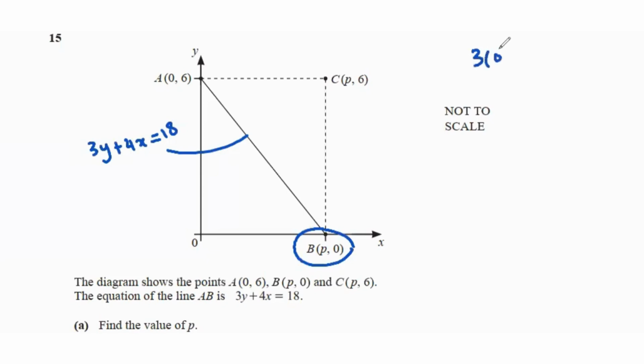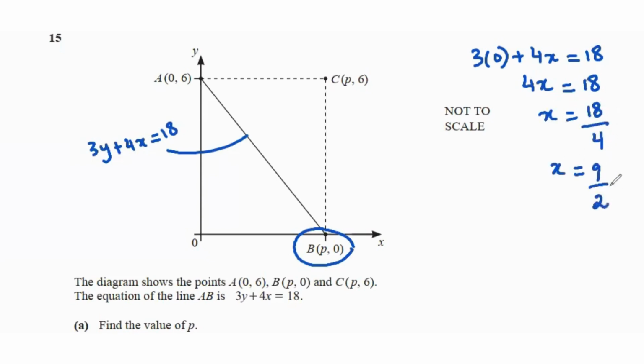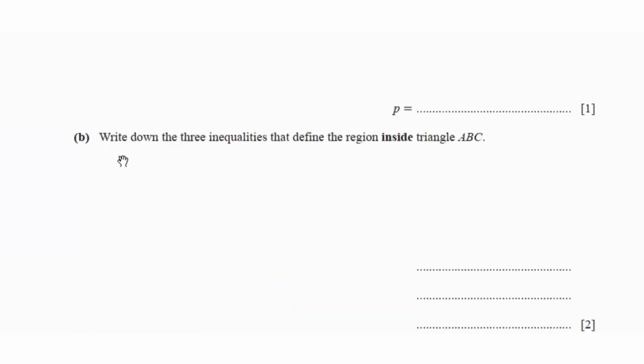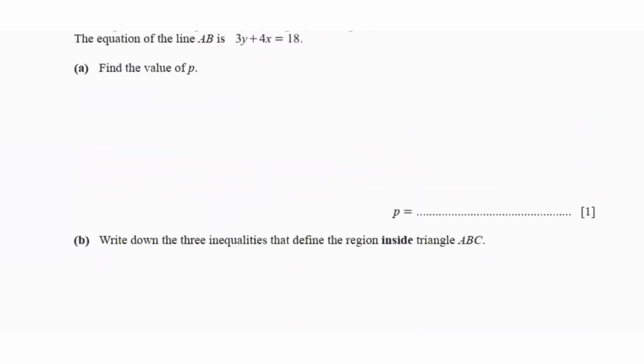So 3 times 0 plus 4x equals 18. 3 times 0 is 0, so 4x equals 18. And x is going to be 18 over 4, which can be simplified to 9 over 2, which in decimals is 4.5. Then the question says, write down the 3 inequalities that define the region inside the triangle ABC.